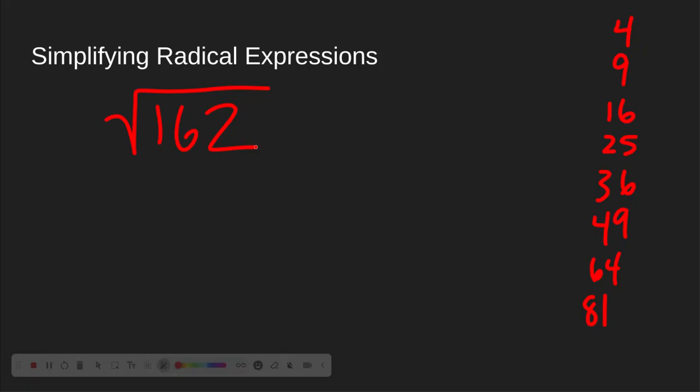So can anyone identify one of these numbers? The biggest one would be best. That goes into 162. Very good, Hallie. 81. So we can consider 162 to be 81 times 2. Does everybody agree? And then remember, we can multiply numbers in any order we want.